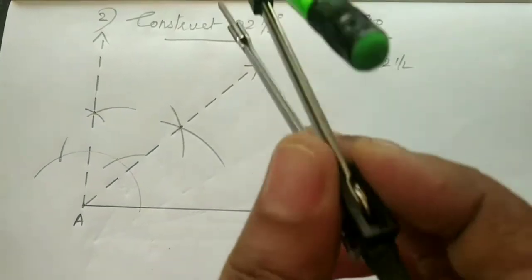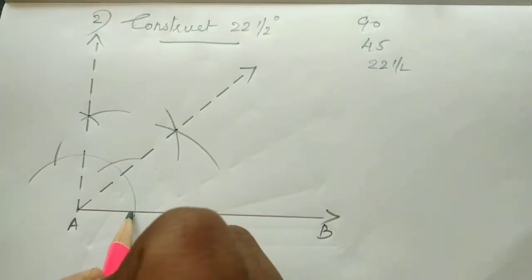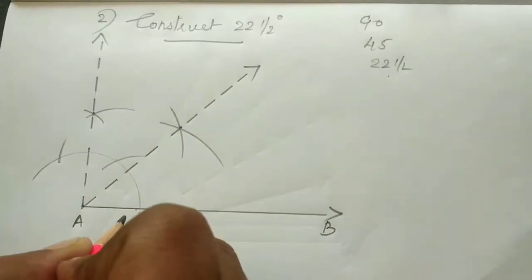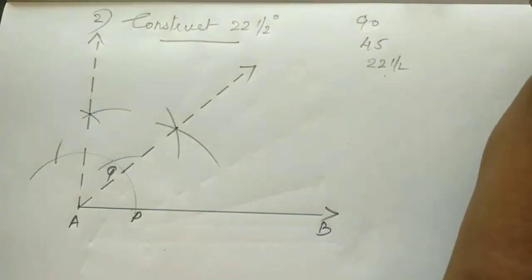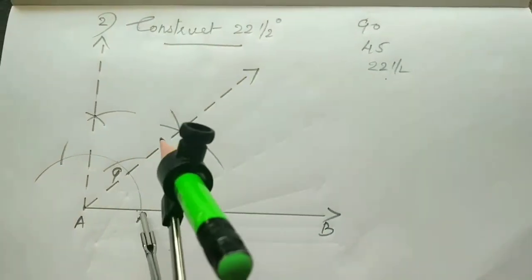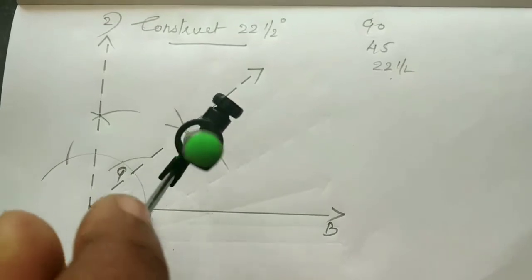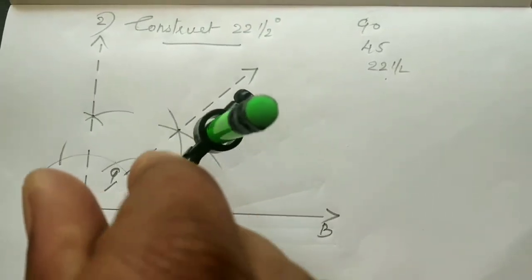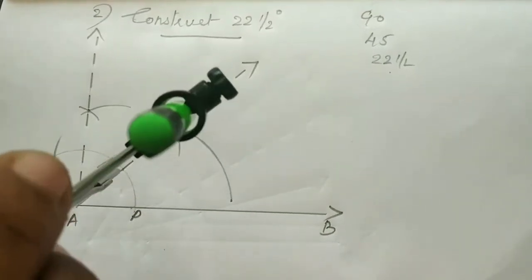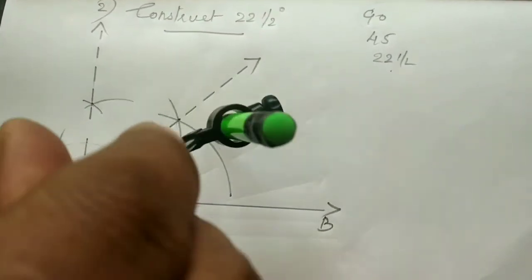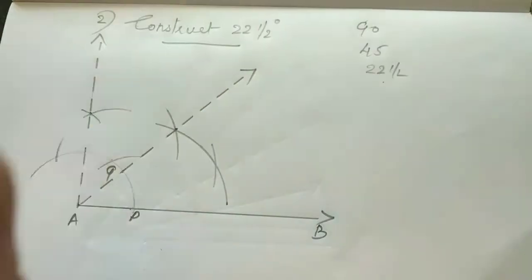Then next we construct the bisector of this 45, that is 22.5. So this is P and it is Q. Okay, put the tip of the compass at P. If you need, you can change this arc, otherwise there is no need. Then put the tip of the compass here and draw an arc like this, and at Q cut the arc. Okay, and mark the point of intersection.